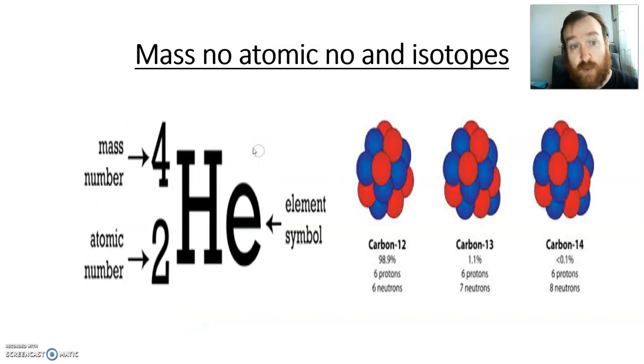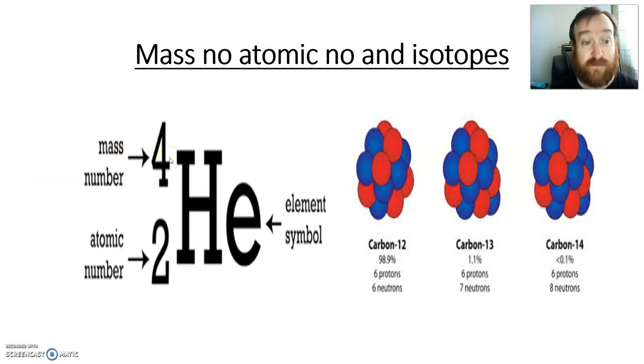We also need to know about isotopes. A really common question asked is just define what an isotope is and be able to calculate the different numbers of protons, neutrons, and electrons just by being given the atomic symbol. So for helium here, the mass number is 4.